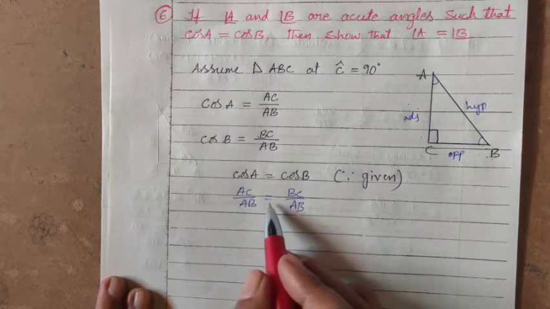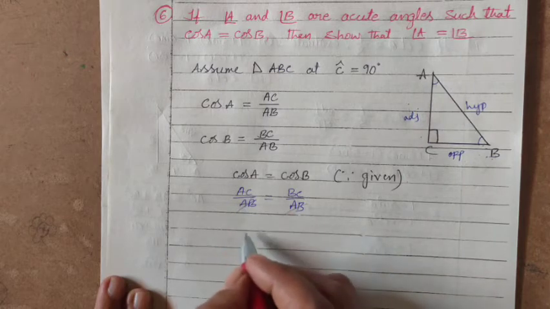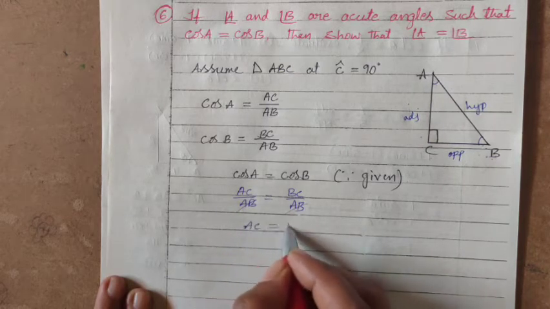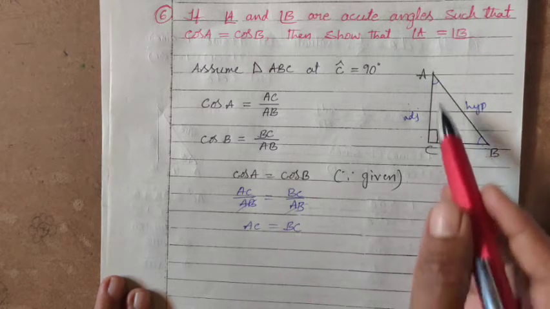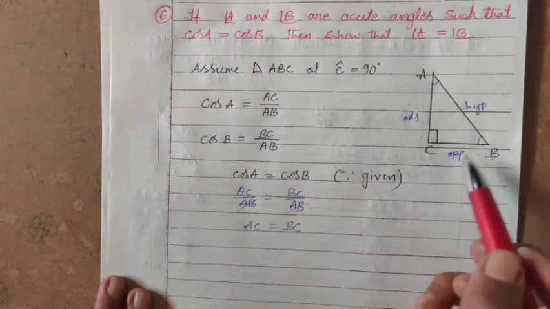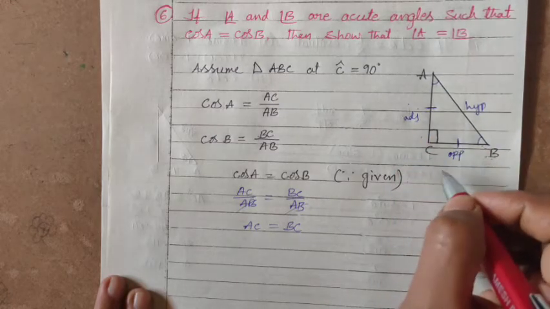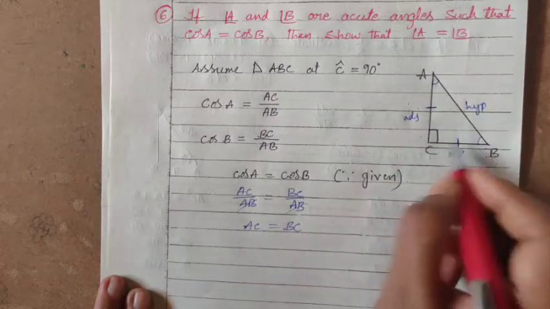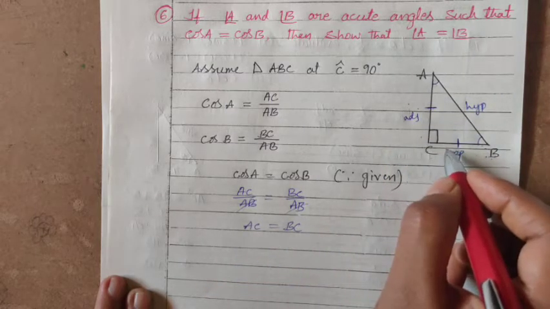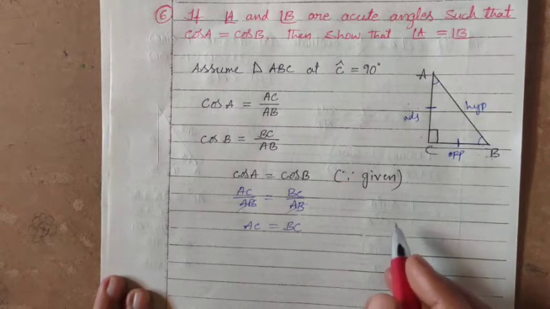Here the equal sign is there, so the denominator will be cancelled. Now you write AC equal to BC. Observe this one, AC equal to BC means this side is equal to this side. So here these two sides are equal. Then ABC is an isosceles triangle.